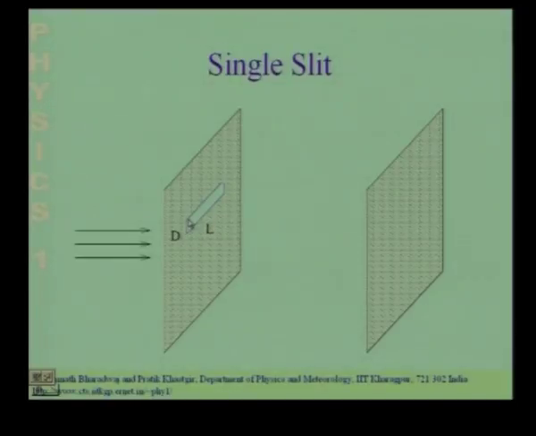One dimension of the rectangular slit is d and the other dimension is L, and we had assumed that d is much smaller than L, and we would like to calculate the intensity pattern produced by this slit on another screen located far away.